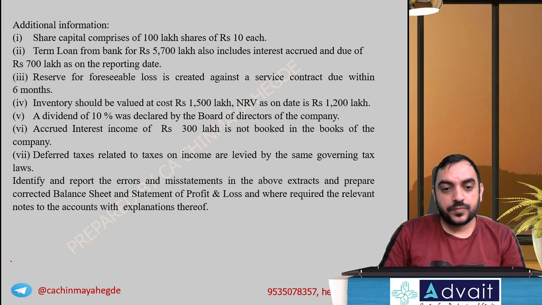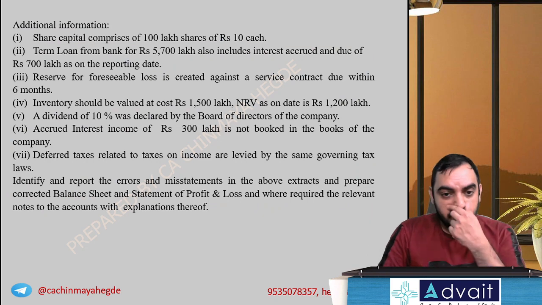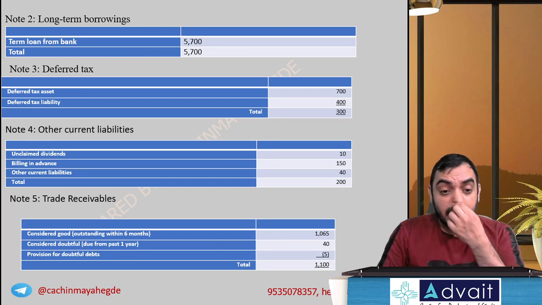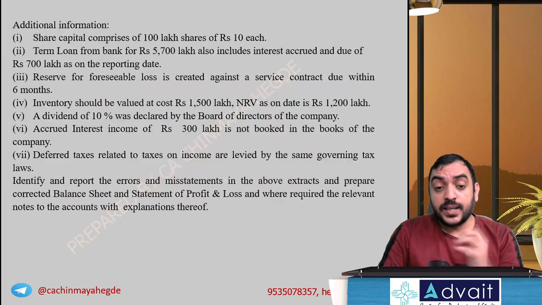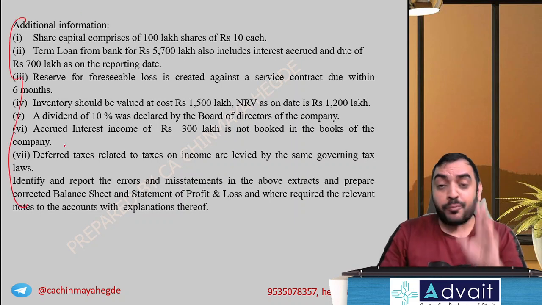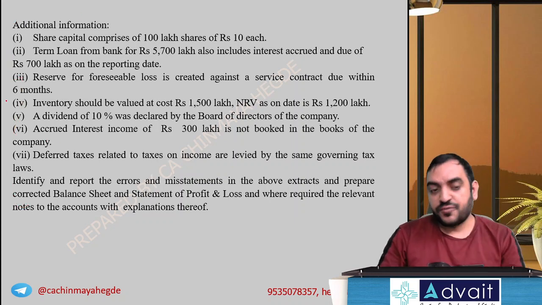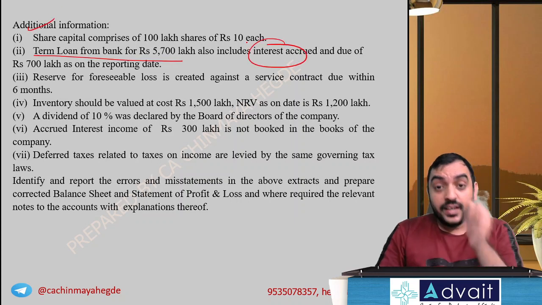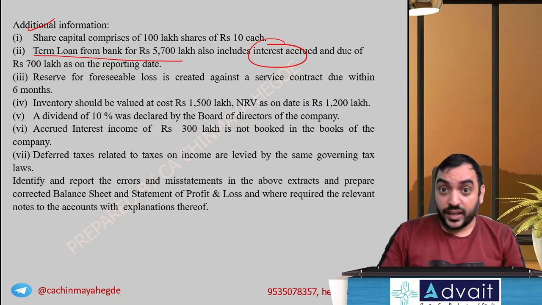Then deferred tax asset and liability are shown separately, and they said, okay, let's do one thing. Let's read in this format. Any points required in that additional information? Share capital comprises, no problem. Term loan includes interest accrued. Interest accrued is not shown under borrowings.